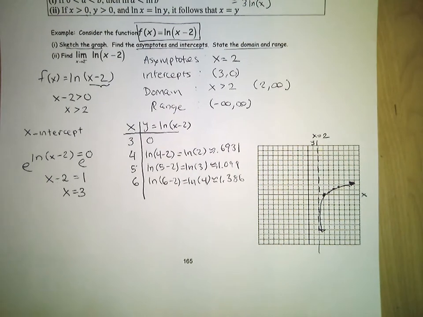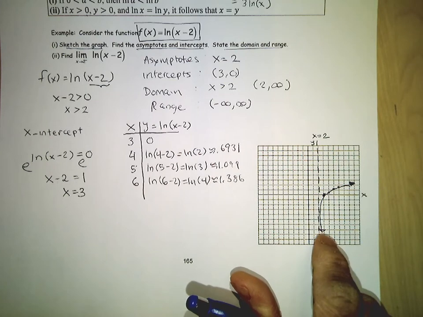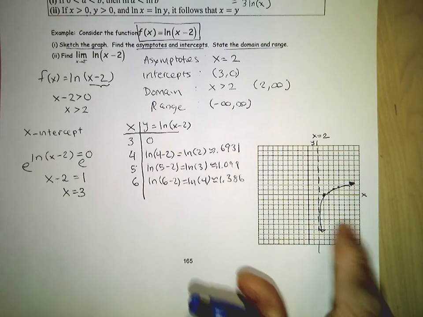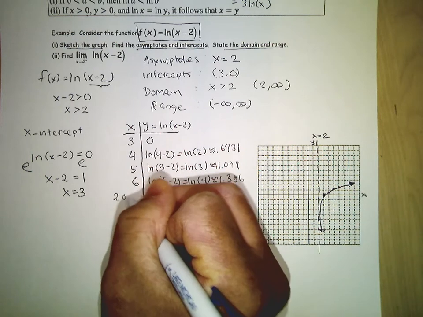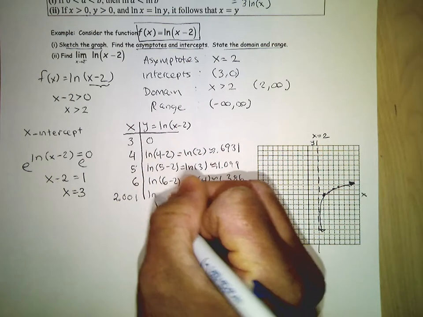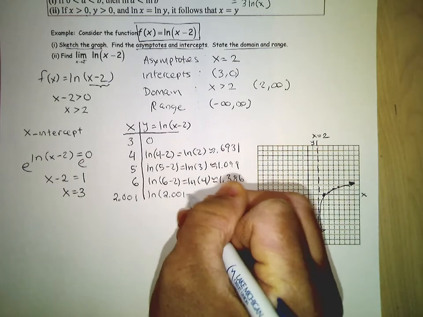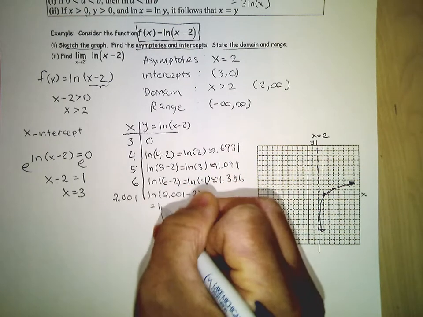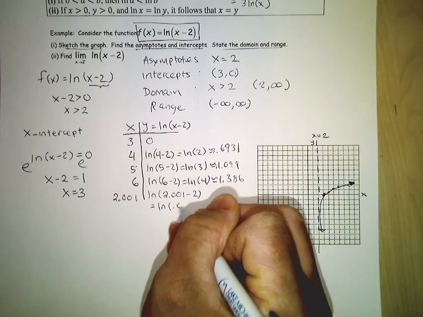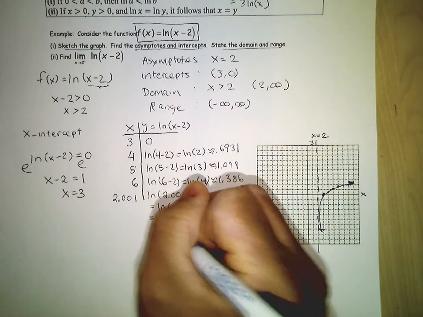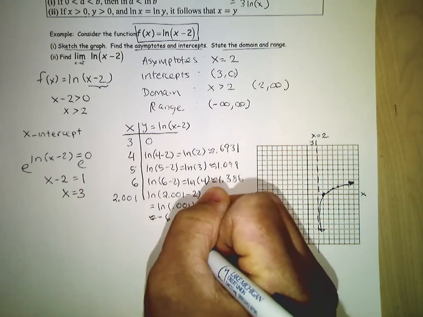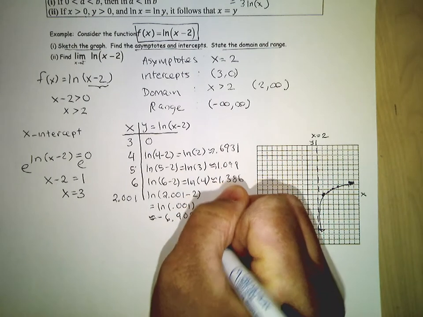Now, by the way, if you really want to see, well, does this really go to negative infinity, as I'm showing, you could pick a number that's close to 2, like 2.001, and natural log of 2.001 minus 2 is natural log of 0.001, and natural log of 0.001 happens to be a negative number, about negative 6.908.